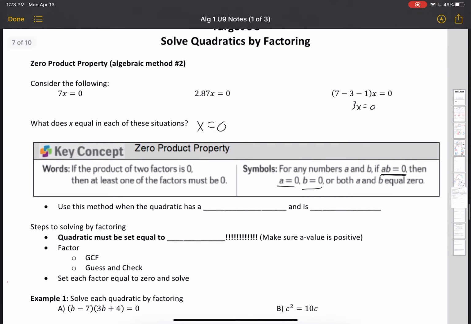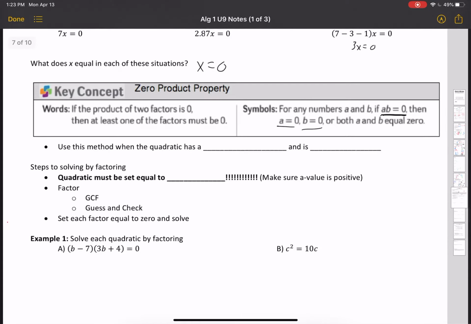But some notes first. We use this method when the quadratic has an x term. What I mean by that is remember your standard form for a quadratic. If it has an x term and is easily factorable, if it can easily be factored.